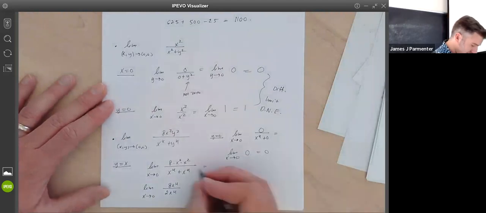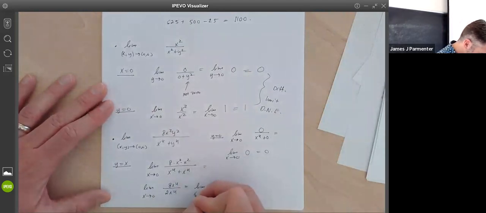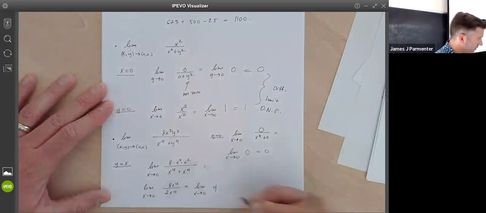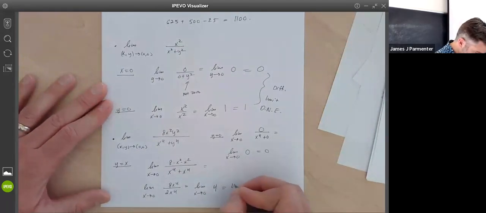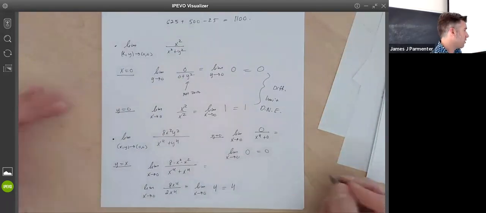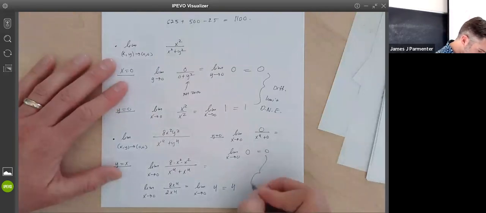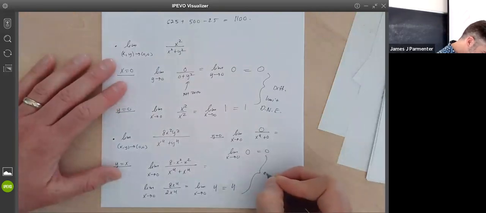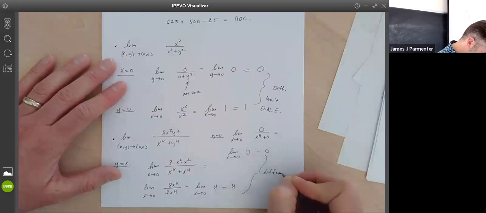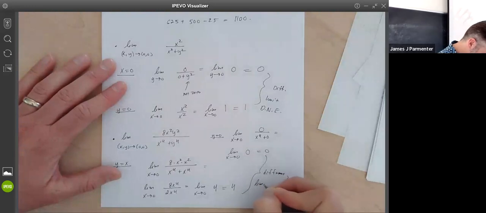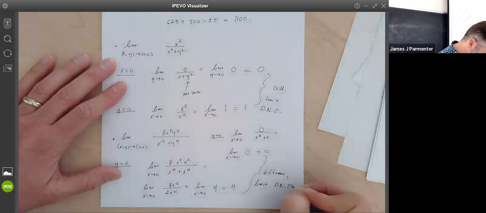X to the 4th cancel. So we get the limit as x approaches 0 of just 4. And that limit is 4. And again, the overall limit doesn't exist because these are different. So the limit does not exist.